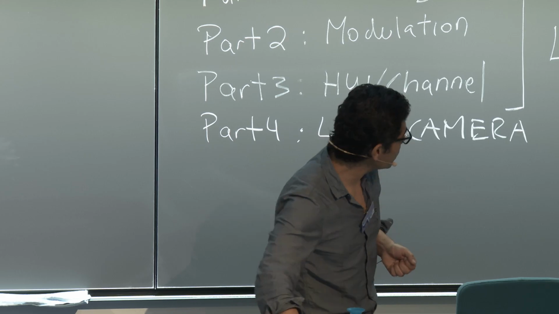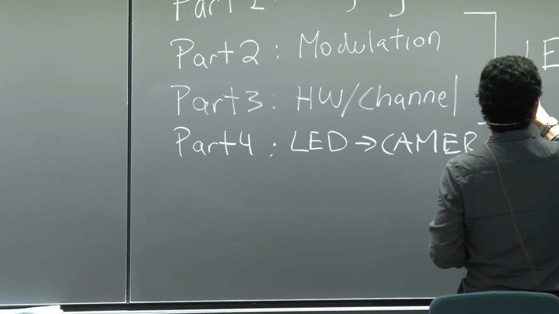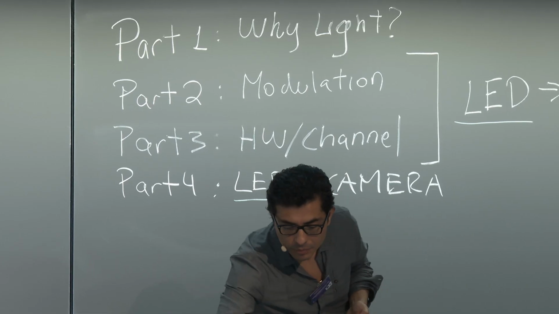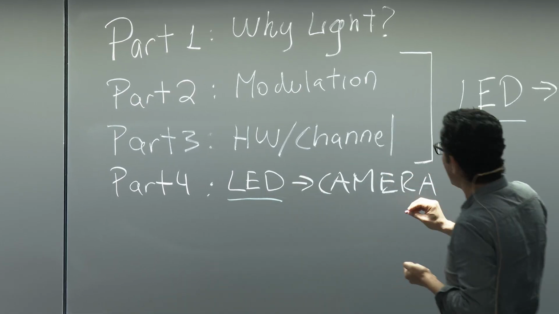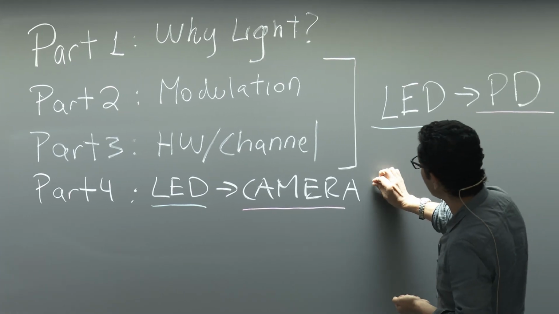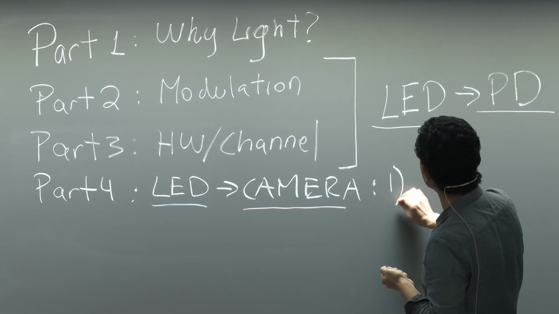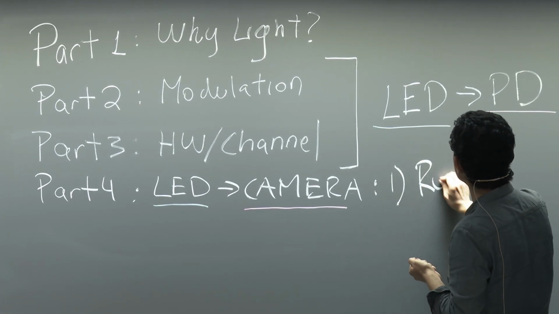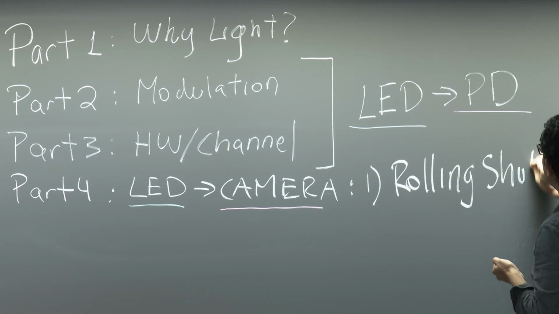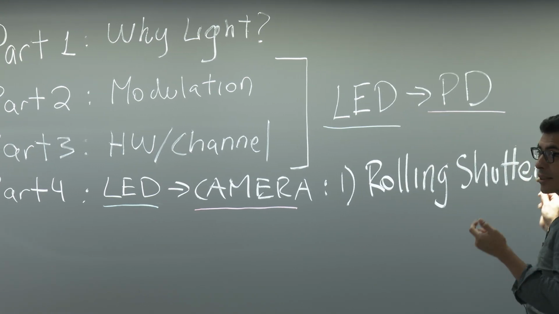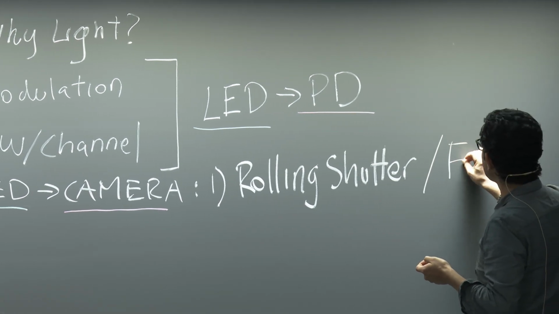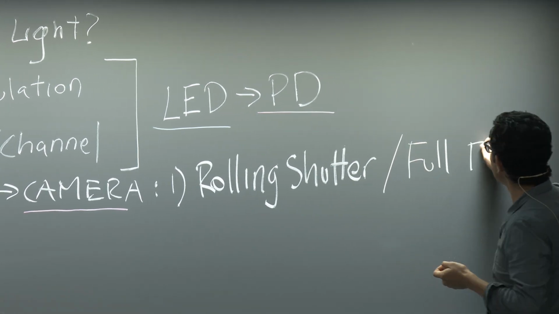What is the same here is the transmitter, but what we have changed is the receiver. The receiver has changed, and we have taught 2 methods. Number 1 has been this rolling shutter. You could see it more for things like sensing and localization. And the other one is this full frame or binary approach, where you can send small packets.